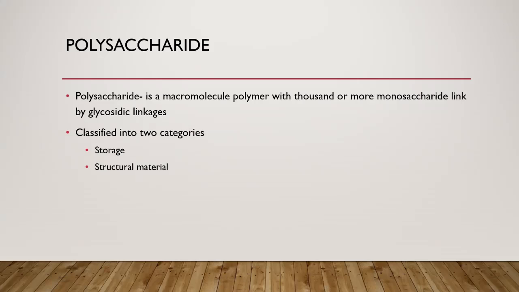Polysaccharide. A polysaccharide is a macromolecule polymer with thousands or more monosaccharides linked together by glycosidic linkages. Polysaccharides can be classified into two categories. A polysaccharide can be a storage polysaccharide or a structural polysaccharide.